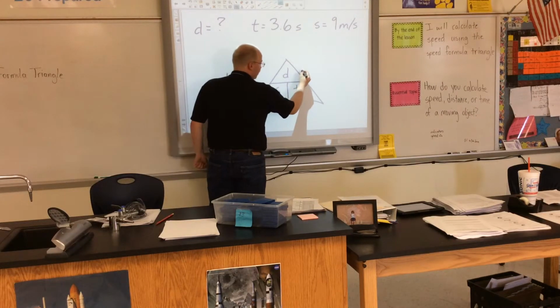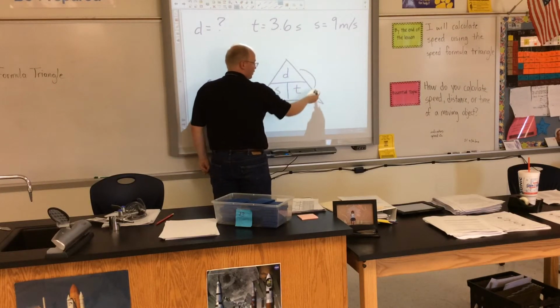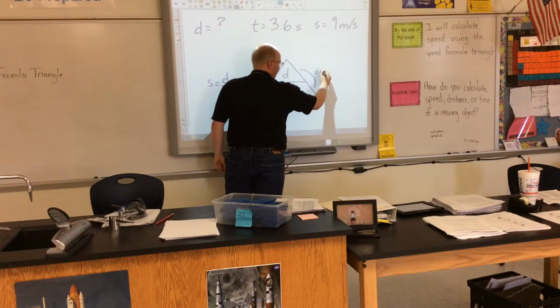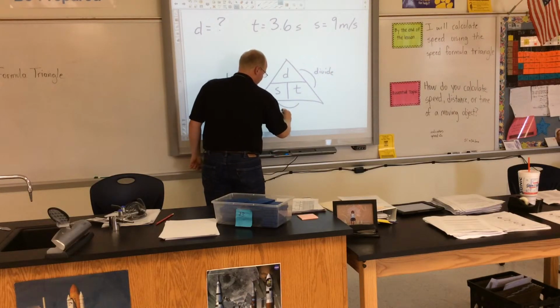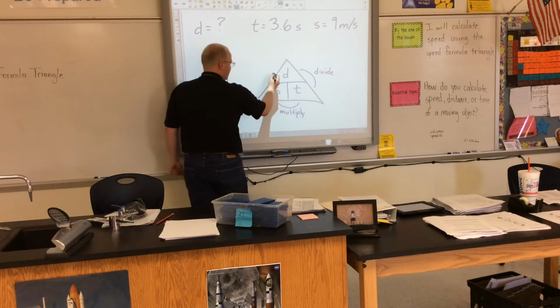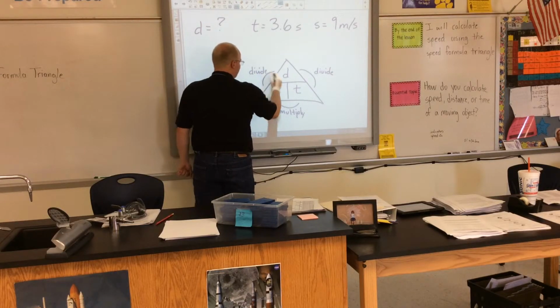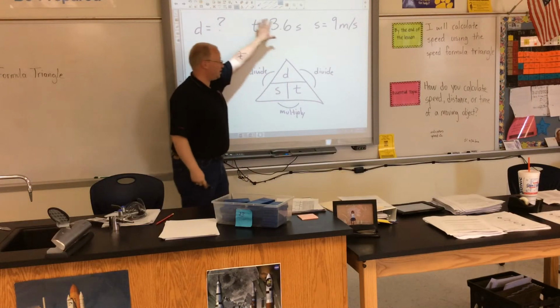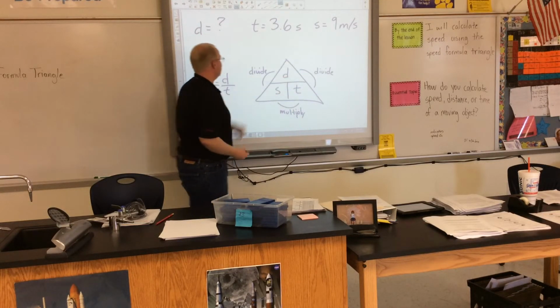And so you can actually mark it on your triangle. I highly recommend you write this down and mark it. When I have distance and time, I divide. When I have speed and time, I multiply. When I have distance and speed, I divide. But for this particular example, I'm looking for distance, so I cover up the distance and multiply speed and time.